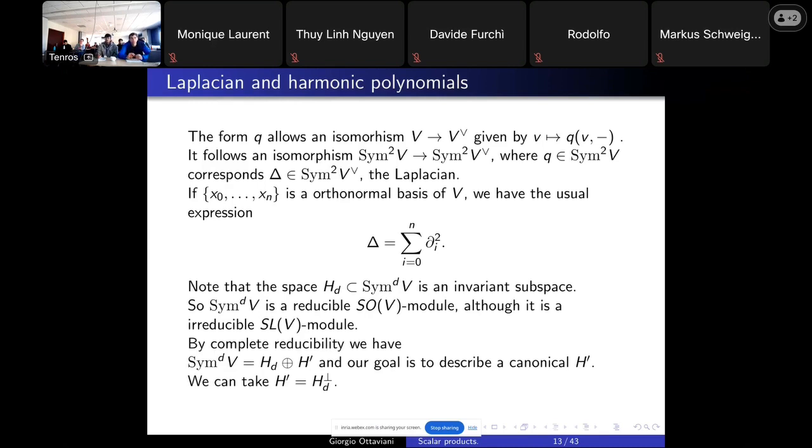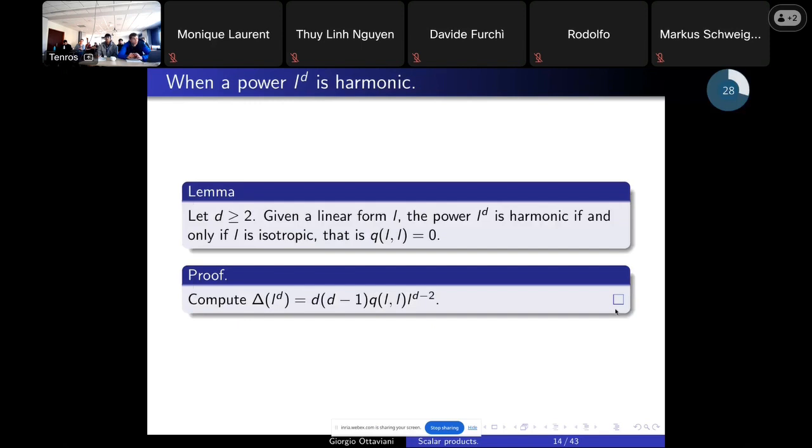And now I want to describe the orthogonal, and this is what I do in the next lectures. First, a lemma: you can ask, since they are so important, when the powers will be harmonic. And from what I said before, it's easy to check this formula. The answer is that the harmonic ones are the isotropic ones.